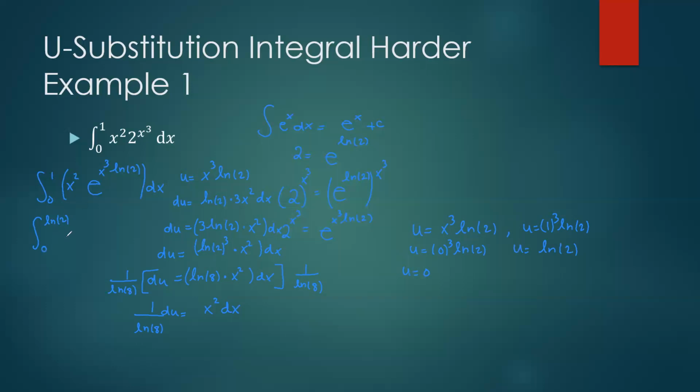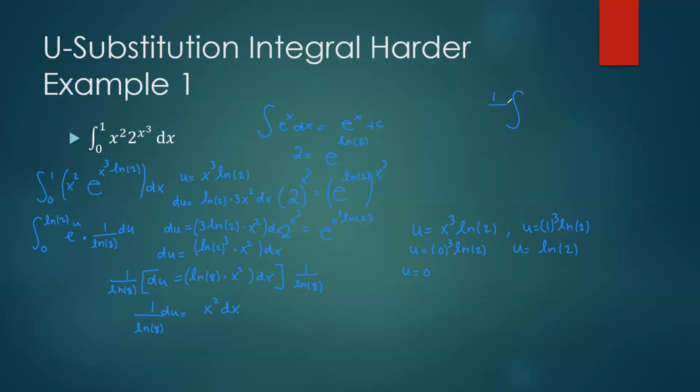Then it's going to be e to the u, because our u is x cubed ln of 2, times, you can replace x squared times dx with 1 over ln of 8 du. Okay, I'm going to put it here. I need more space. So do you see this 1 over ln of 8? That is a constant, so you could put it outside the integral.